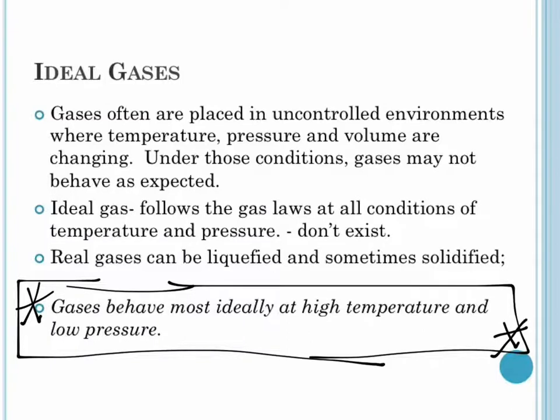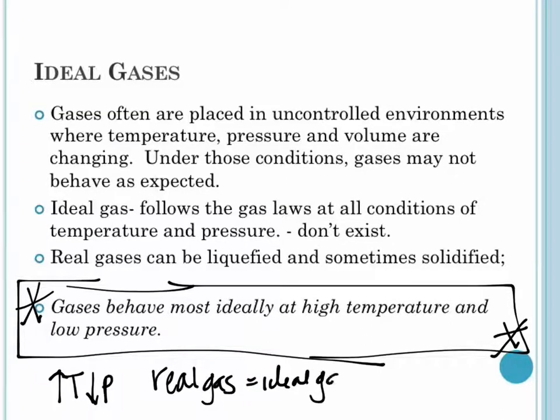High temperature, low pressure is when a gas will act like an ideal gas. So at high T and low P, our real gas is acting like an ideal gas.